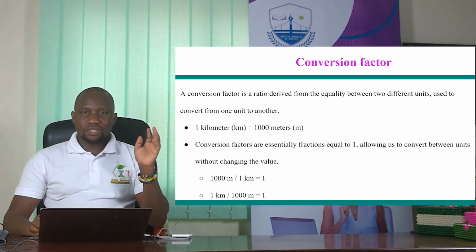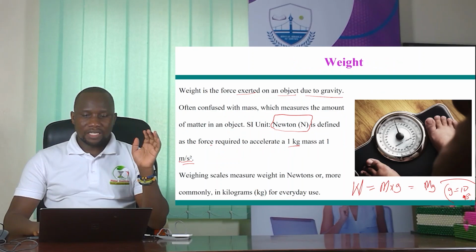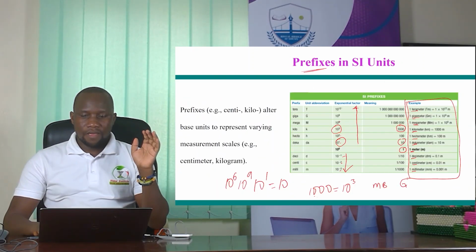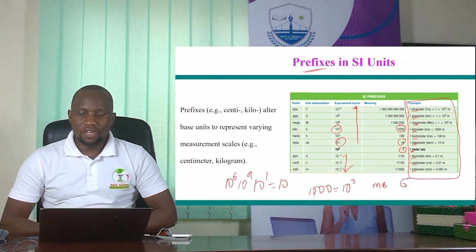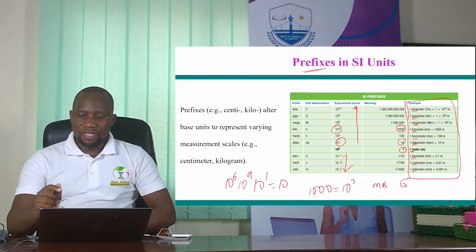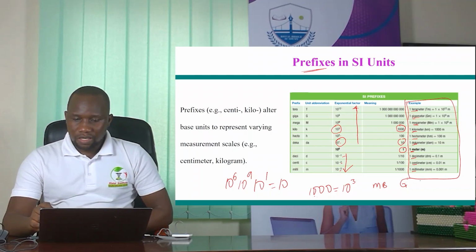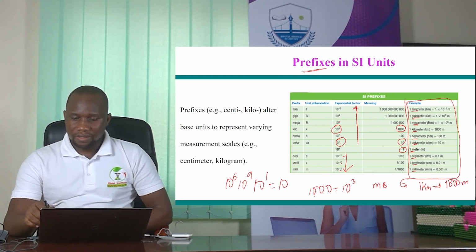Conversions, like what I explained earlier with the table we looked at, allow you to make conversions very easily. For example, to convert meters into kilometers, you say that 1 kilometer is equal to 1,000 meters.